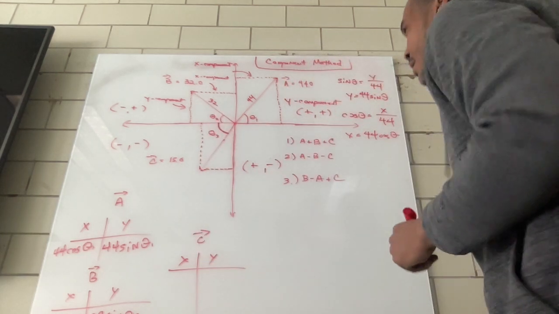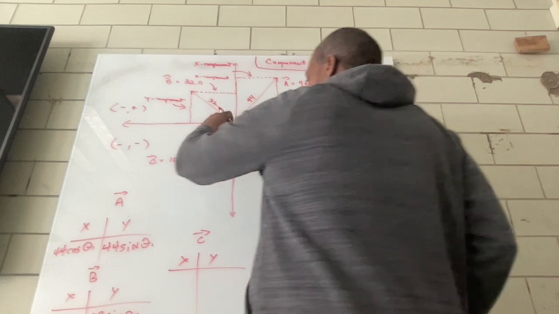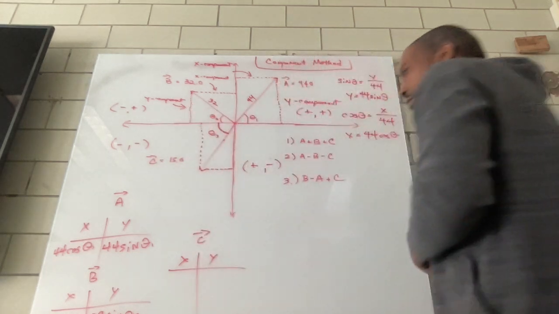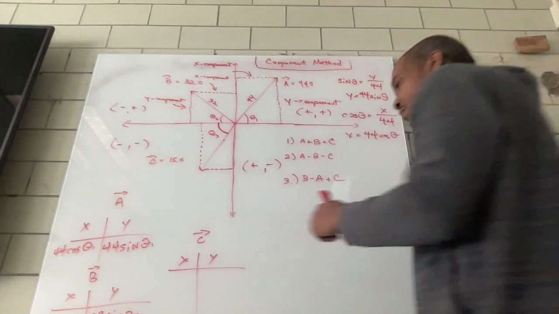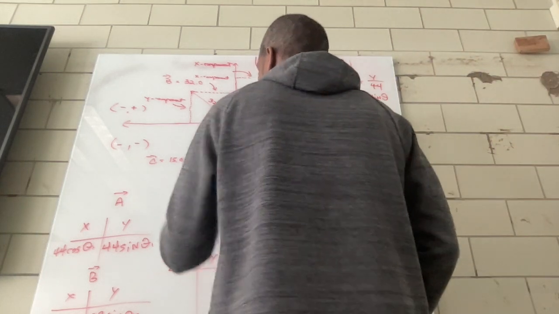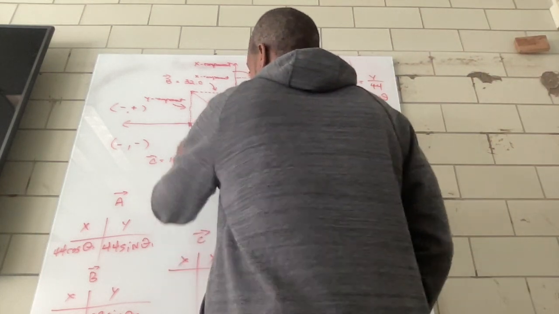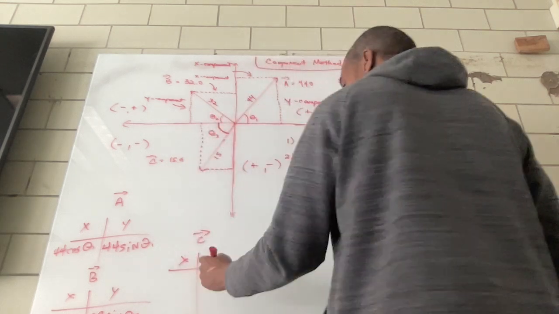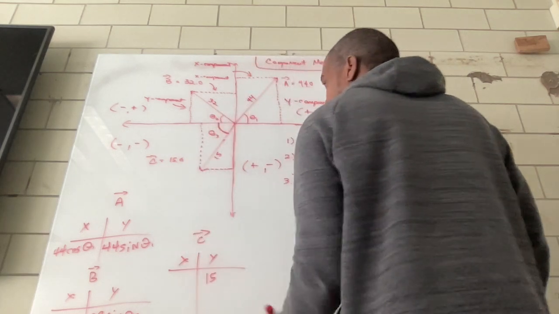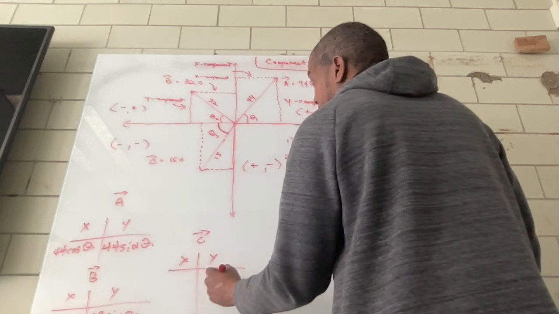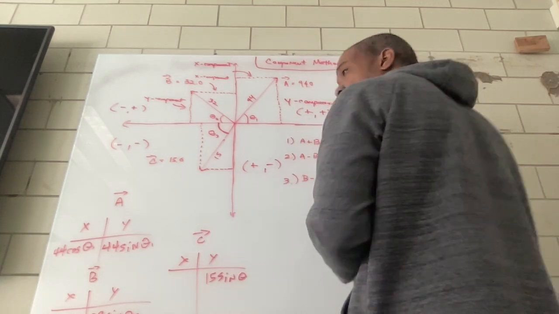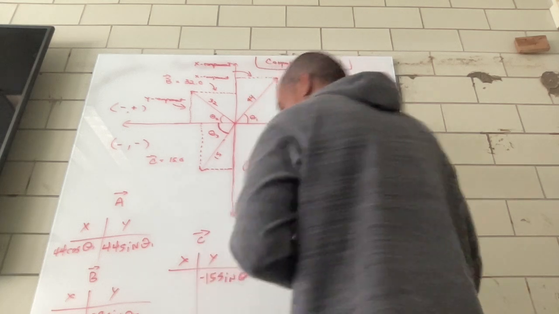So here, this is our what component? Y. And we know this is 15, so our y component is 15 sine theta. And because it's pointing down, we know it's going to be negative.